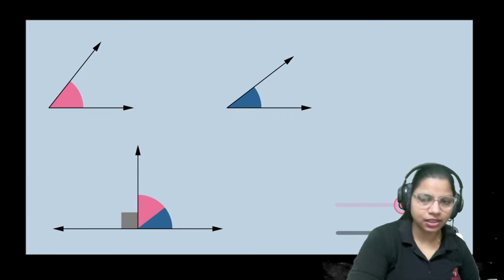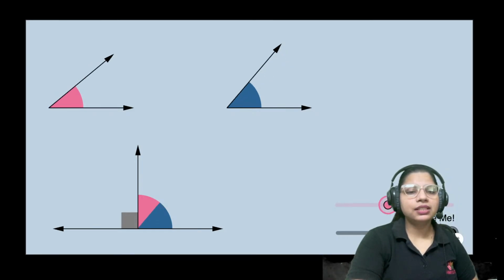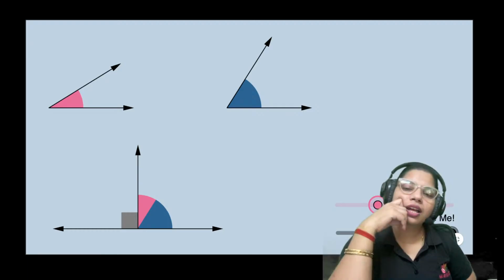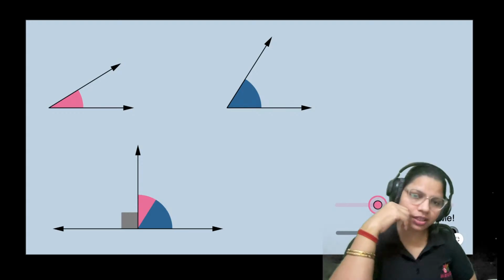That makes 90 degrees. If the blue is 60 degrees, what would the pink be? They both are complementary. What special do they have? They add up to 90 degrees. Yeah. If blue is 60 degrees, what will pink be?